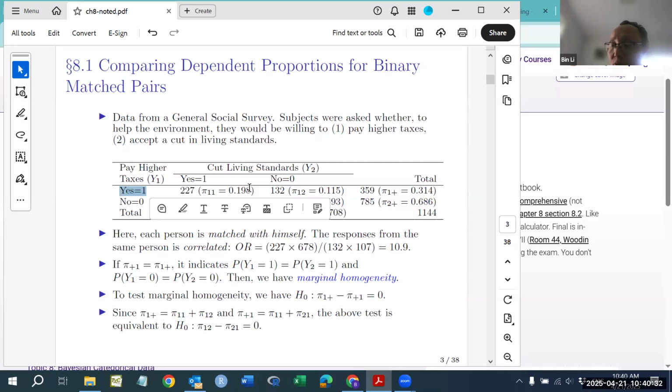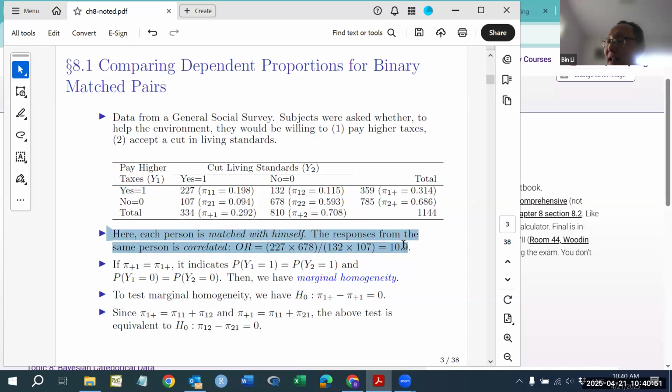So the odds ratio is 10.9. That means there's a high agreement for answering yes for the same subjects. So that shows they are highly correlated. They are not independent. So the answers for question 1 and answers for question 2 are strongly associated by the odds ratio, right?